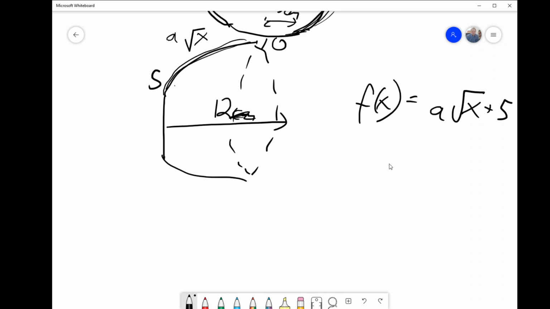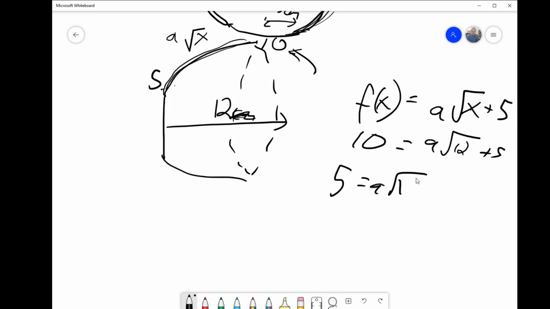And what we know is that when x is 0, this works out to 5. When x is 12, this works out to 10 to catch us up at this part of the bowl. So that means our 5 here, we bring it across, we have 5 equals a root 12, or a is 5 divided by the square root of 12.